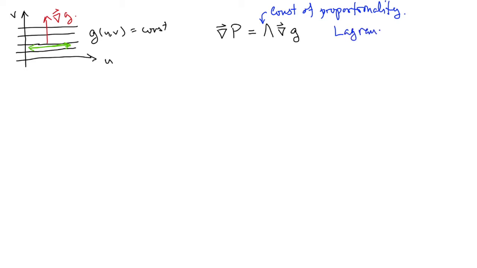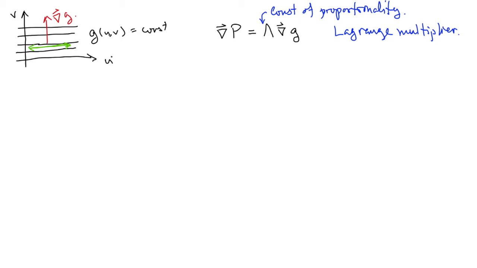It is a Lagrange multiplier. This is really just saying that we can slosh around all we want along lines of constant constraint, but not across it. So we can move in the green direction, but we can't move in the red direction. So this has to be true for some lambda. I haven't said what value lambda is, but some lambda.